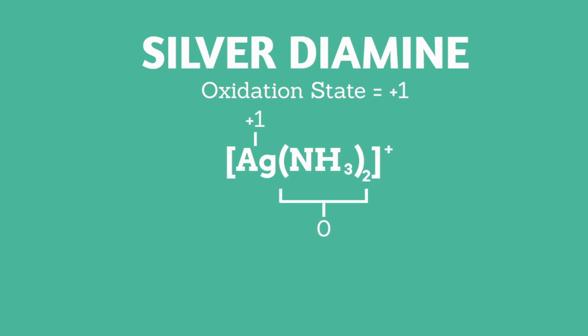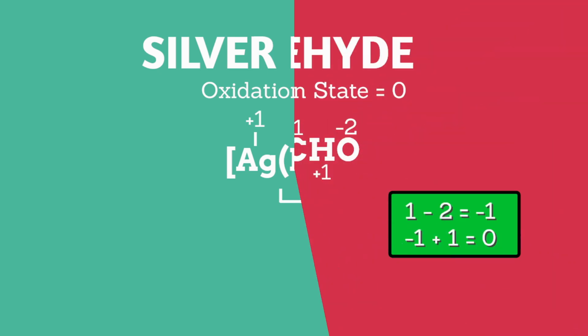Now 2 NH3 will always be 0, so we can ignore that. But silver diamine has a positive charge, so by that we can assume that silver has a +1 charge, because the silver diamine as a whole has an oxidation state of +1.